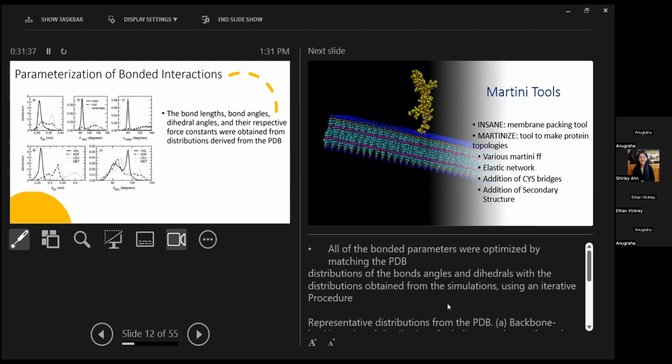So what you do in that case: you do an atomistic simulation and analyze it as if it was in coarse-grained form. You do the mapping, take the structure of the mapped structure, and then you optimize the coarse-grained potential such that the mapped structure is represented.